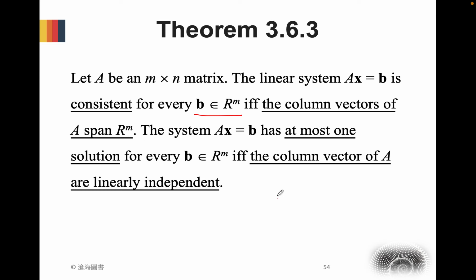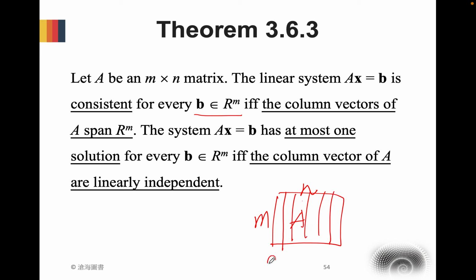Okay, so again, we draw the matrix A, which is m by n. So now the column vectors a1, a2 to an, each ai is in Rm because it is m dimensional, right? So if the column vectors of A span Rm, how can they span Rm?